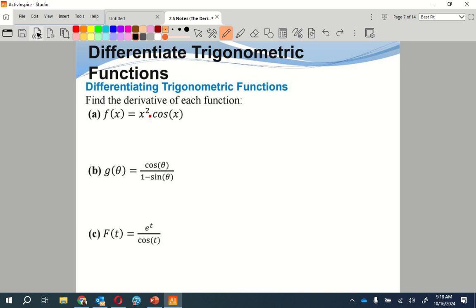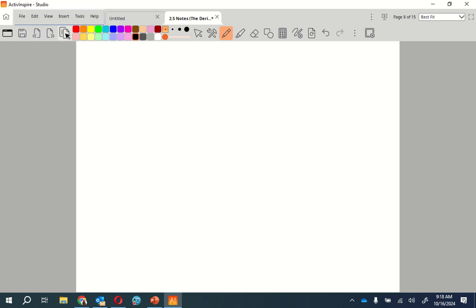It's that easy. So you don't shrug, you're like, okay, what's happening there? There's a division, so therefore it's a quotient rule. So I'm going to use that. So g of theta, cosine over 1 minus sine. Again, every single time.